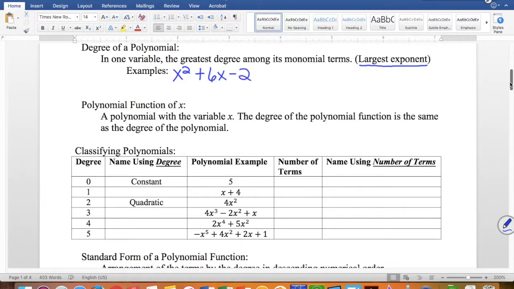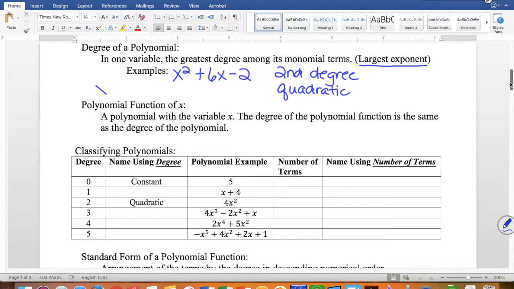Okay, this is a trinomial, but it's a polynomial. It's just a specific polynomial with 3 terms. The degree would be second degree. And since it's a second degree, it has a specific name called the quadratic. Now, normally quad means 4, but anyway. So quadratic is the specific name for a second degree polynomial.